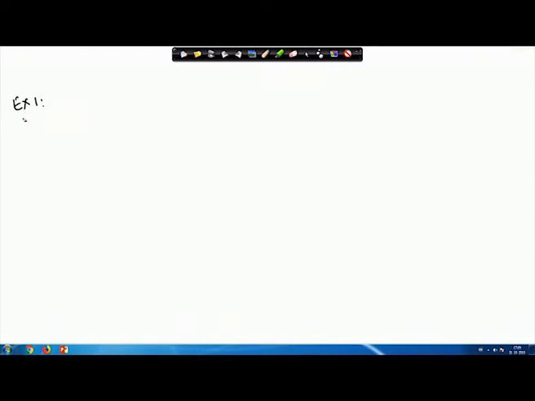So let's say example 1 for today, and this example says: find the whole area of the curve x y square equals a square times (a minus x) and the y axis.